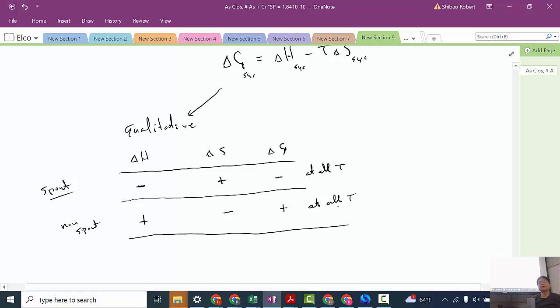And so this is where we come up with nature wants to minimize energy. Minimizing energy is decreasing delta H and maximizing entropy. So this is favored here. We're minimizing energy. Maximize entropy.